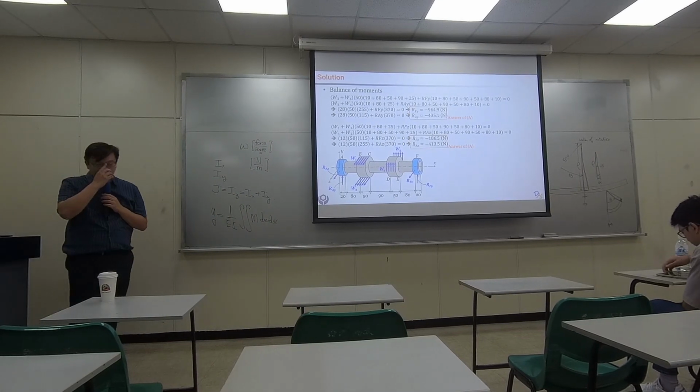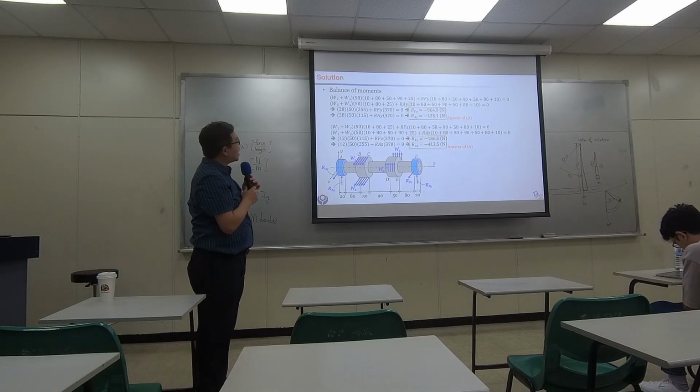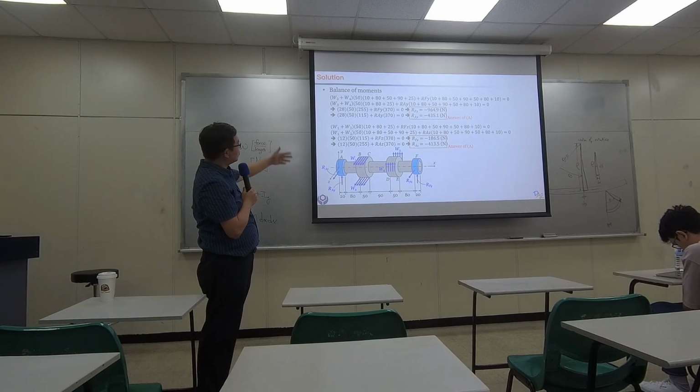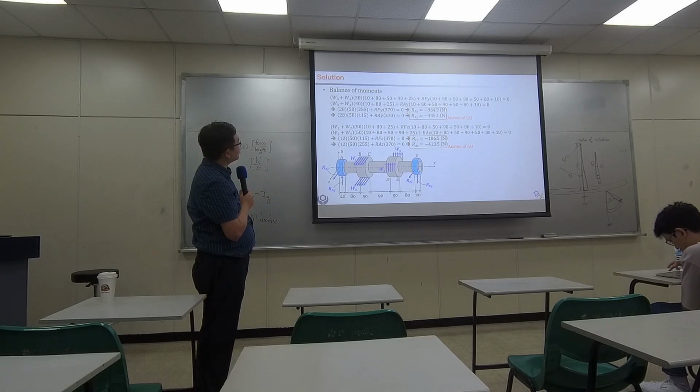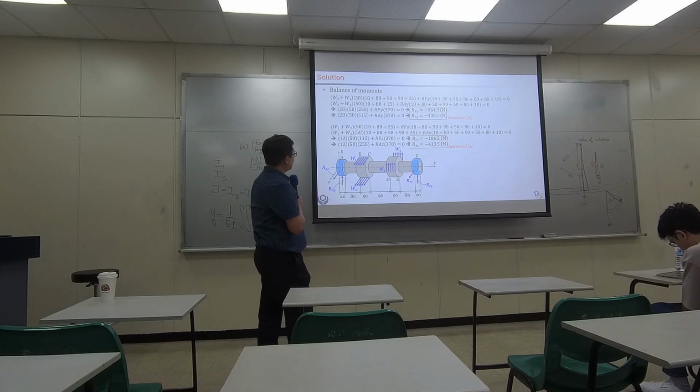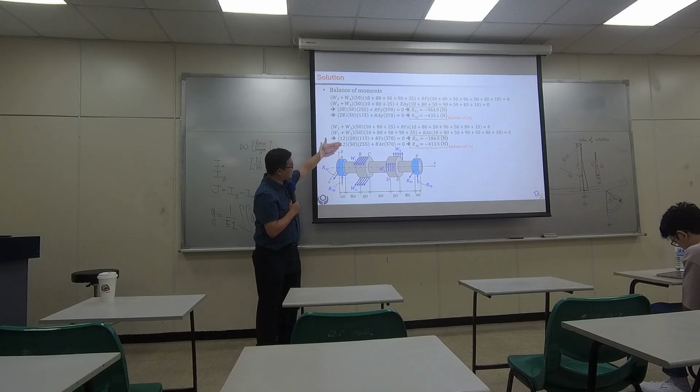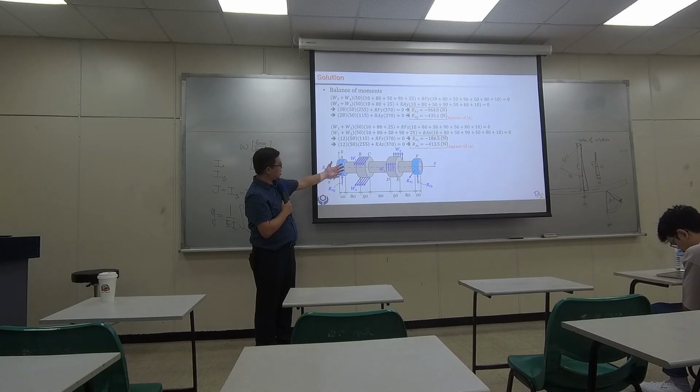Basically, we will analyze this problem in two different planes. I think the first equation, balance of moment, I am focusing on the XY plane. I don't care about anything in the Z direction.